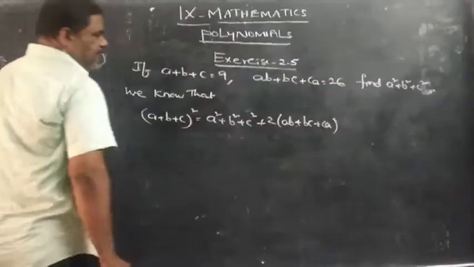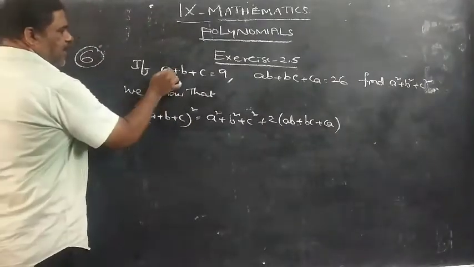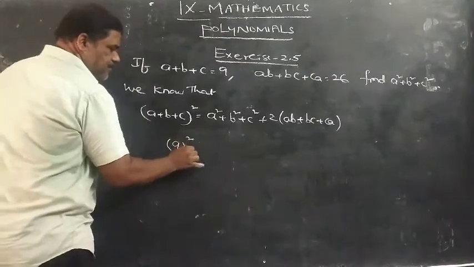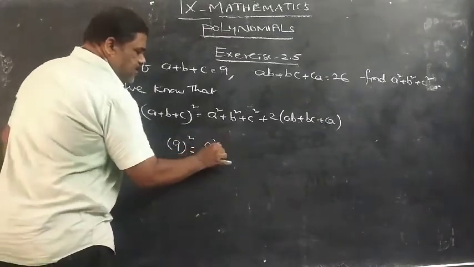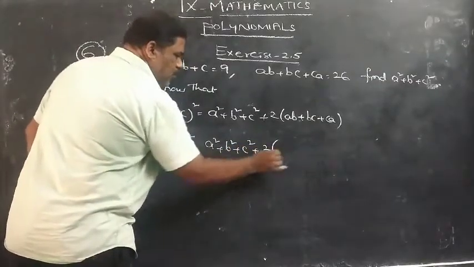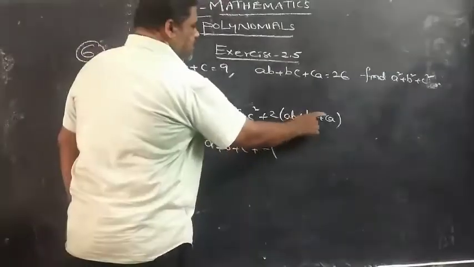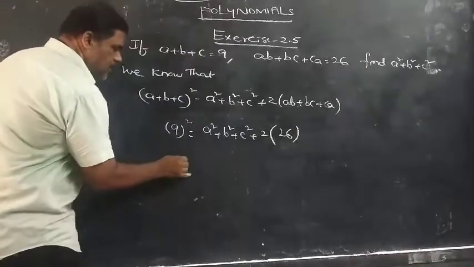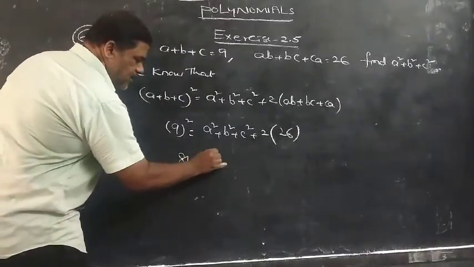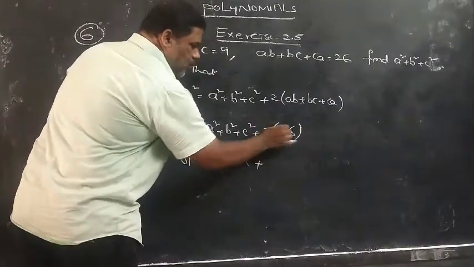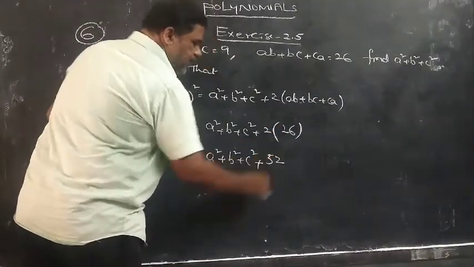Here whatever the given condition is there, that we have to substitute. A plus b plus c is given as 9, so 9 square. This is a square plus b square plus c square, which you have to find out, plus 2 into ab plus bc plus ca, which is 26. So 81 is equal to a square plus b square plus c square plus 2 into 26, which is 52.